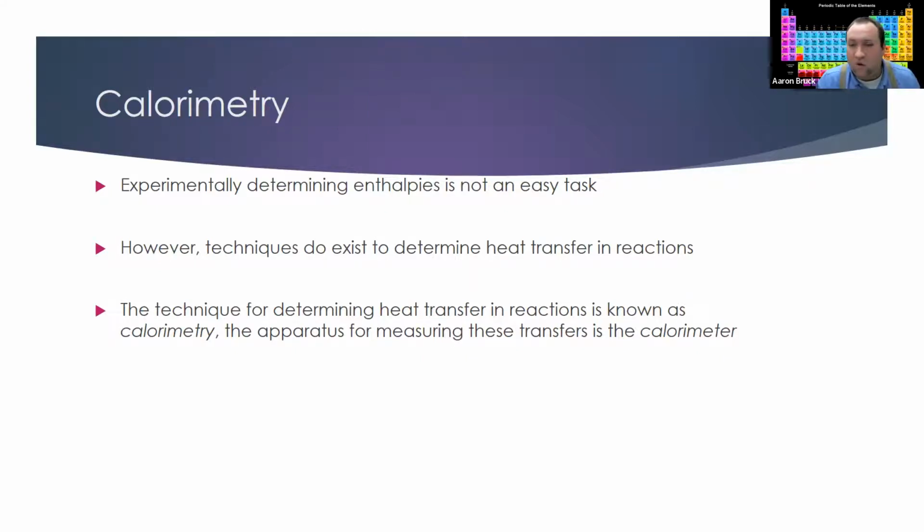In these reactions we monitor how the temperature changes from the beginning of the reaction to the end of the reaction, and using an equation that relates the change in temperature to the heat transfer, we're able to calculate the amount of energy that is transferred in the chemical reaction.